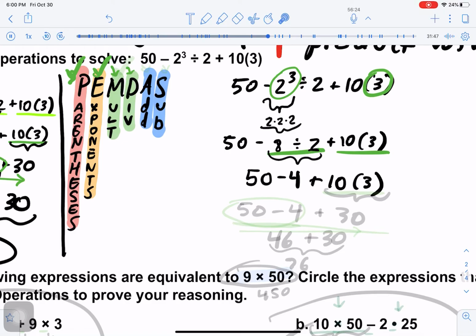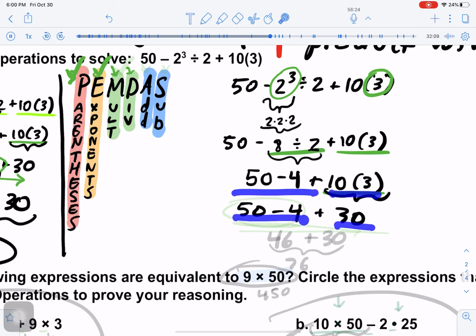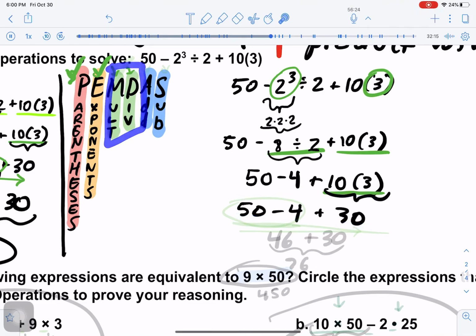And I'll continue to see if there's any more multiplication or division. Now, keep in mind, anytime you have a number outside of a parentheses, in the way we see here, 10 parentheses 3, we're going to multiply. This here does give me 30. I rewrite the rest of this expression, and I am all done with my multiplication and division.